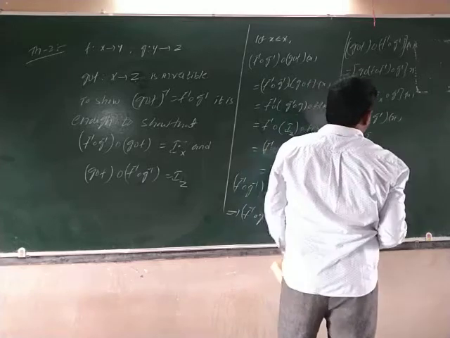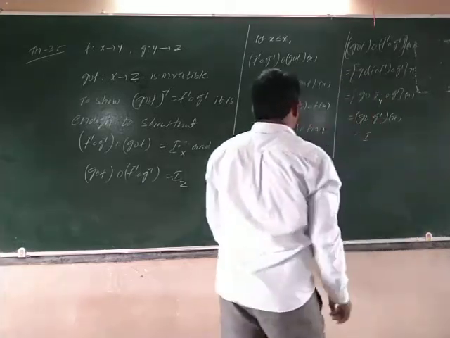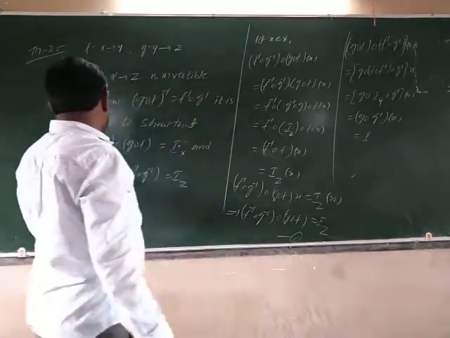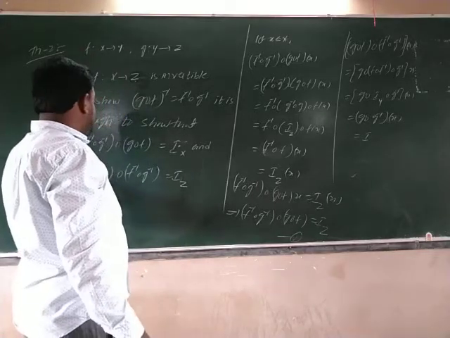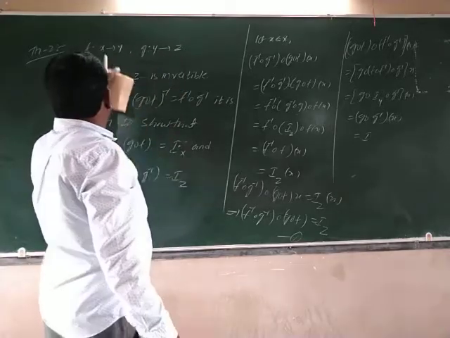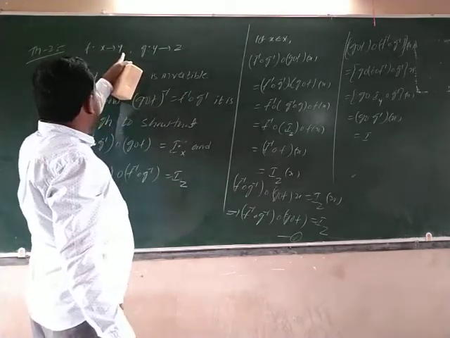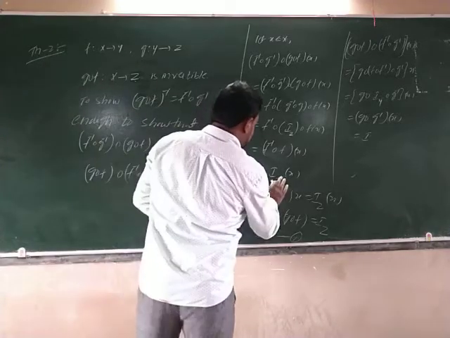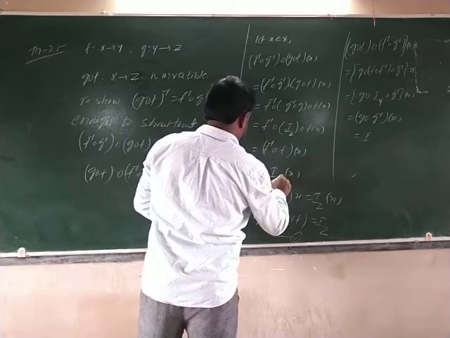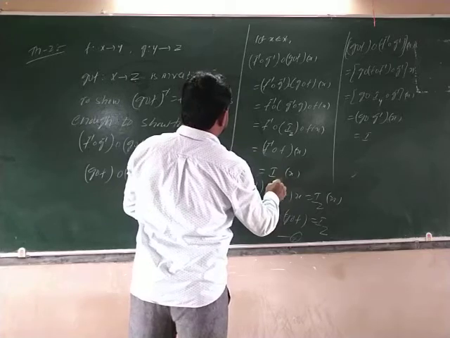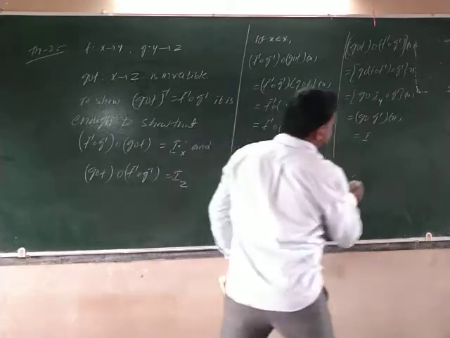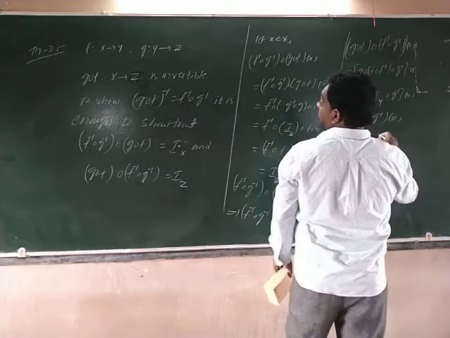So this is I_Z, since G circle G inverse is I_Z.